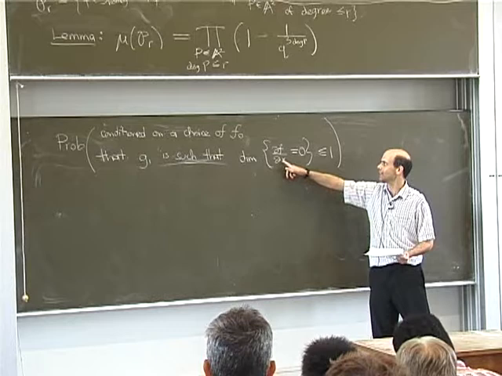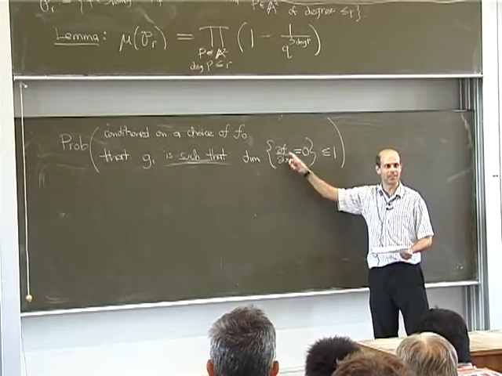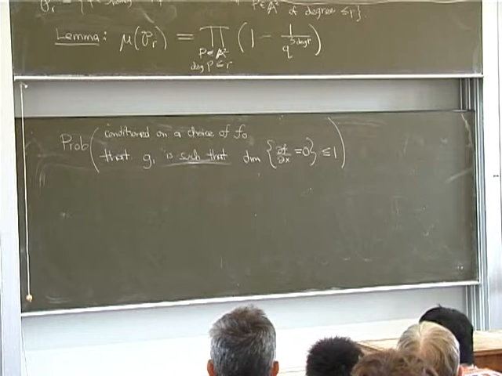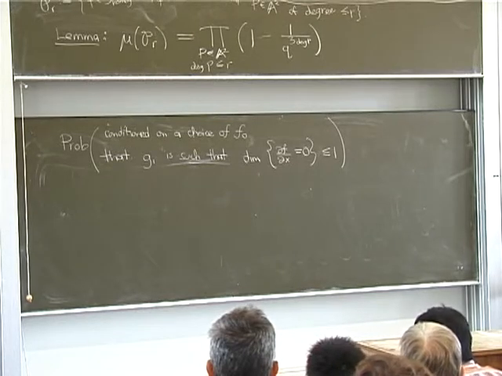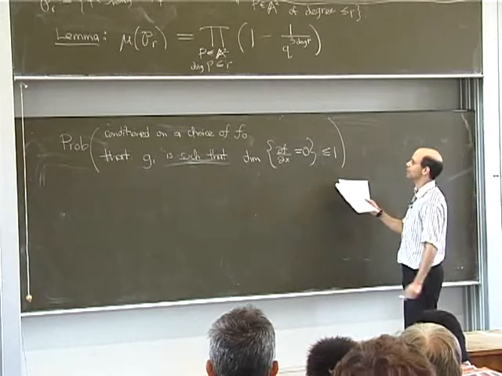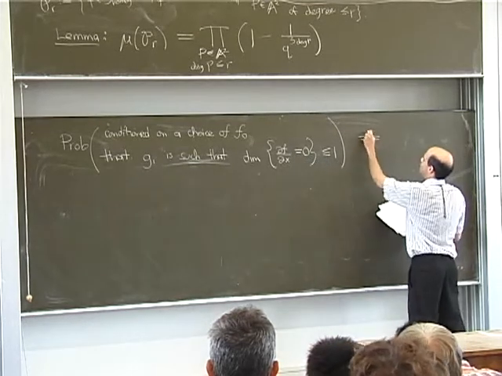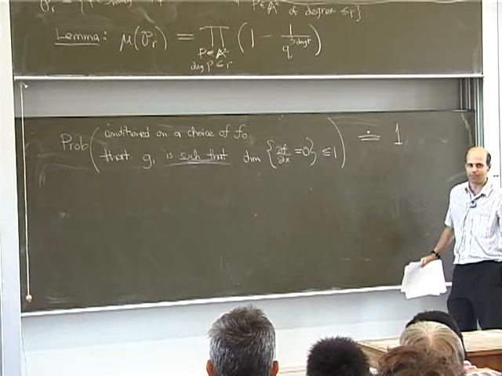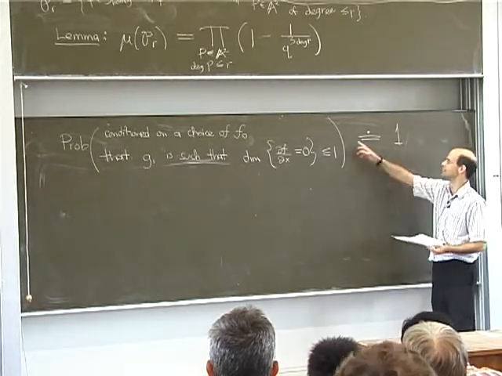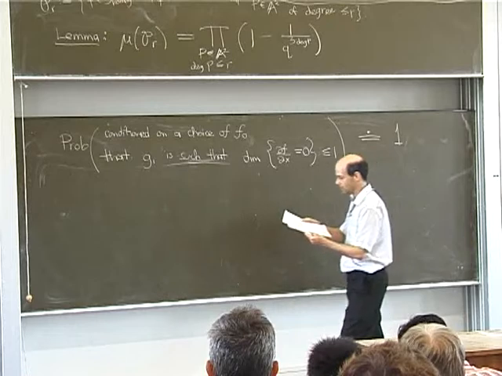And most of the time this derivative is not 0, because it's going to depend on this g1 to the p. So in fact, there's at most one value of g1 that makes this 0. So this is approximately 1. If d is large, then this is going to be very close to 1.